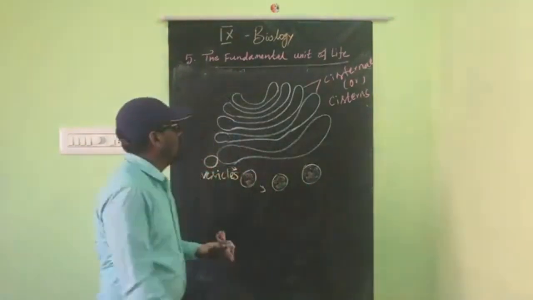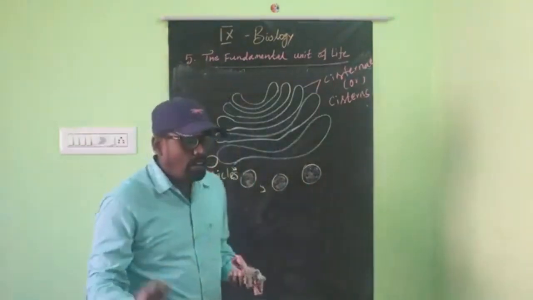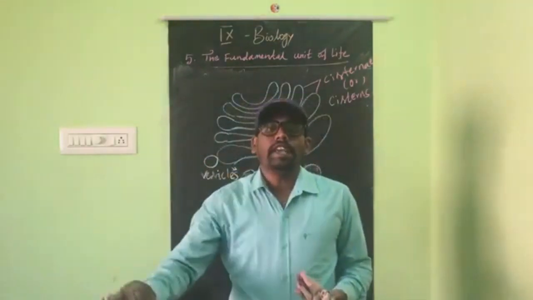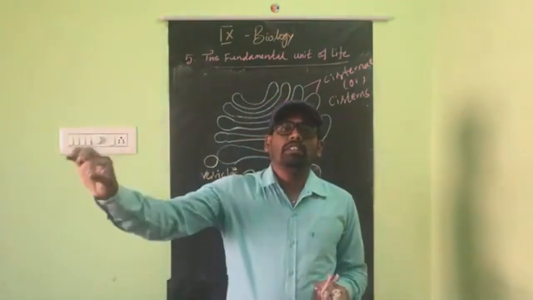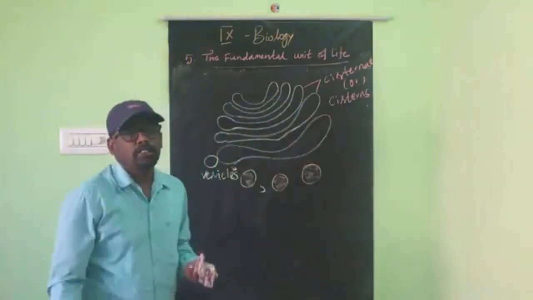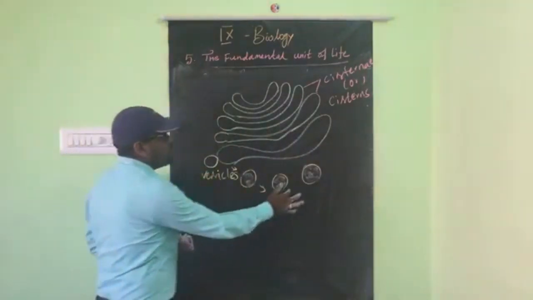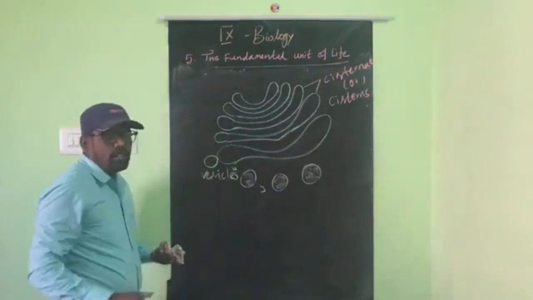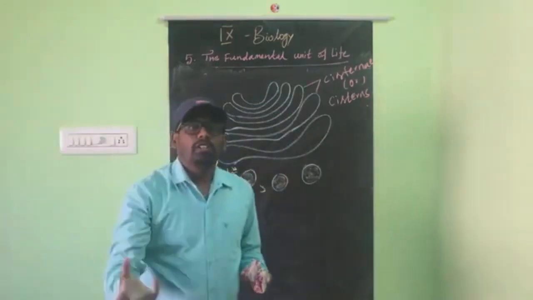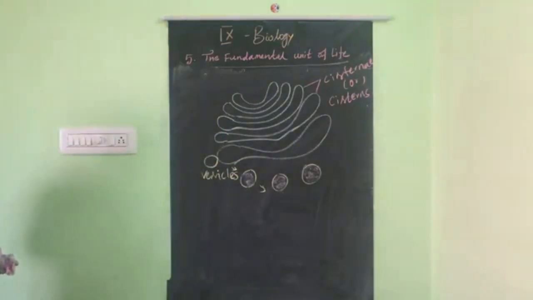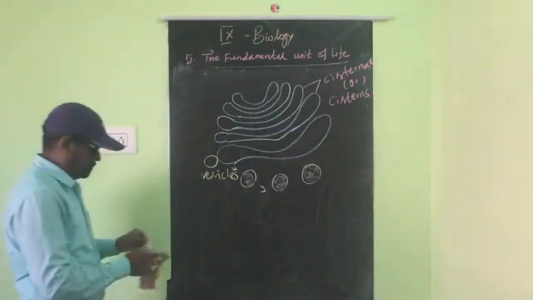For example, this Golgi apparatus is always near the endoplasmic reticulum. So the substances synthesized near the endoplasmic reticulum are stored inside the vesicle. Later these vesicles travel inside the cell and supply whatever they store. Okay, this is the structure of the Golgi apparatus.